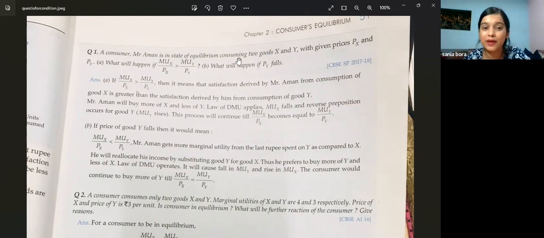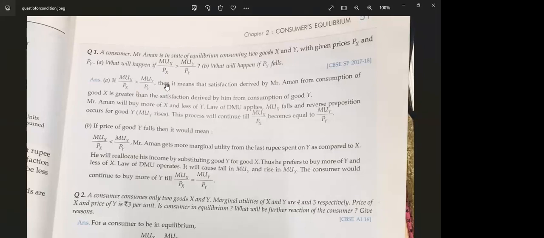Yes, Labiba and good Ritika. So basically, if the price of Y good falls, that means Y good is going to give you more satisfaction because the price is falling down. So this will be more than this, right? Are you getting the point?